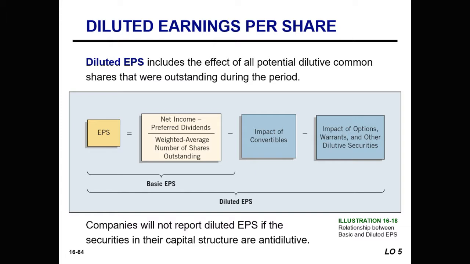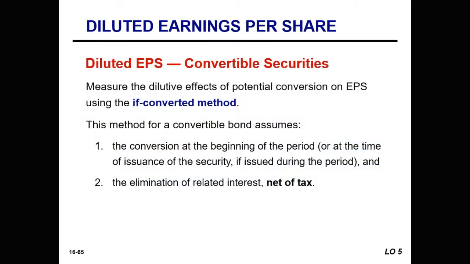So to start with, let's talk about the impact of convertible securities, such as convertible bonds. The dilutive effect of convertible securities upon conversion on EPS is measured using the if-converted method.